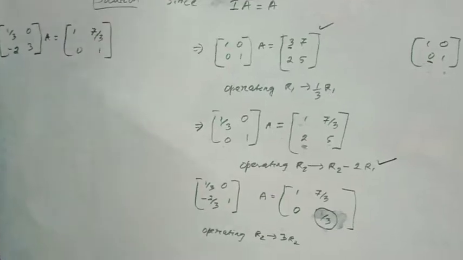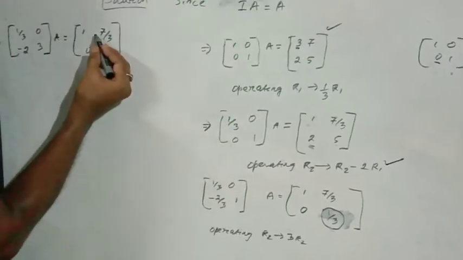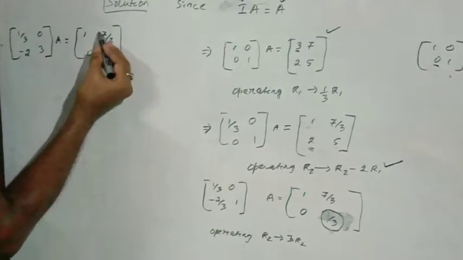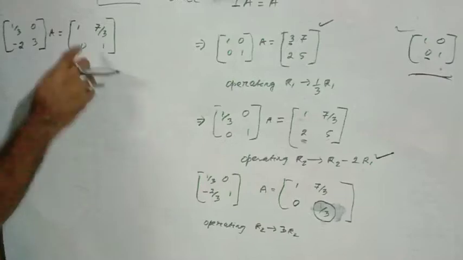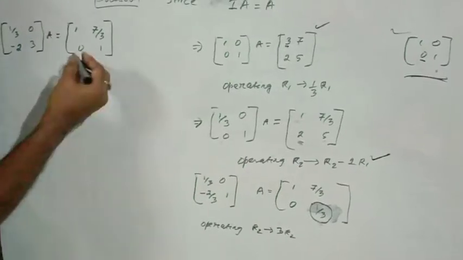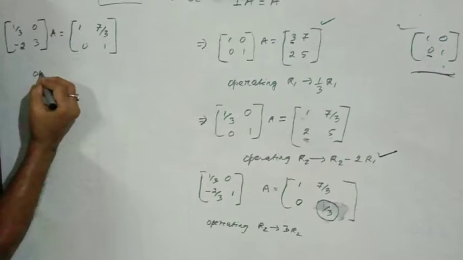So next we are to convert 7 by 3 to 0, so that it becomes a unit matrix. So for that we have to take what operation?